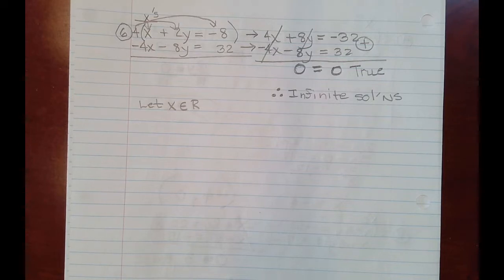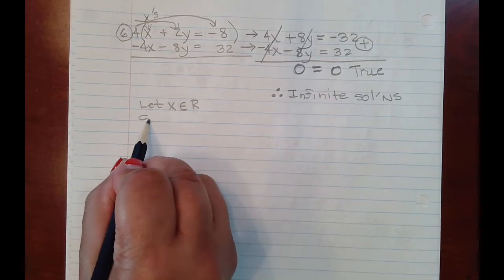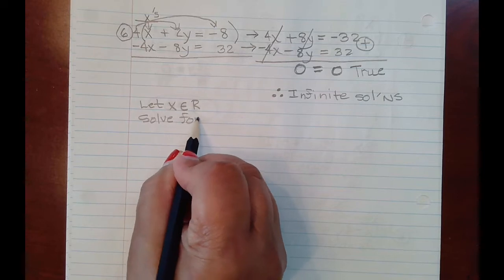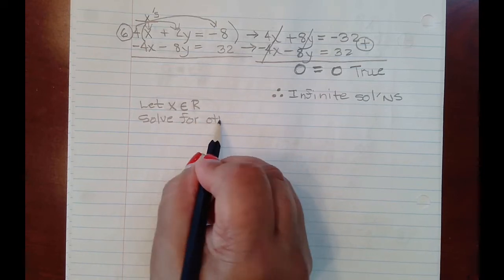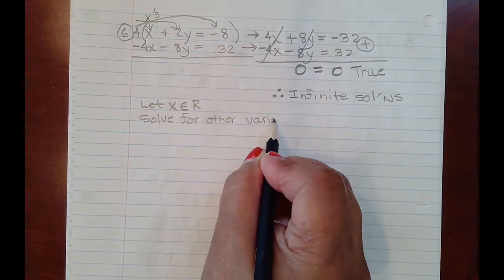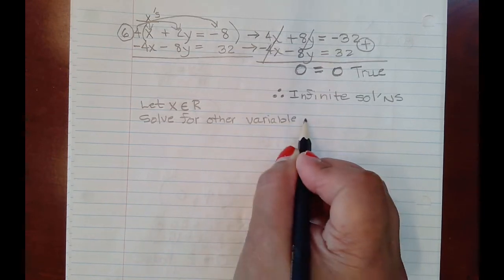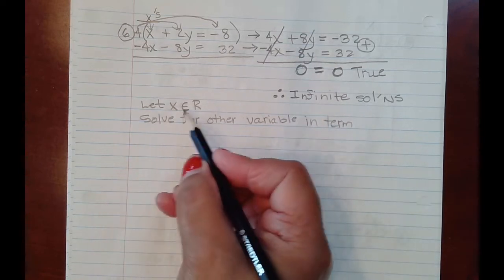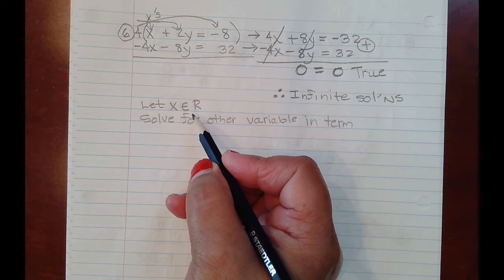What happens is you're saying let one of the variables be any number, and then you are solving for the other variable in either one of the equations in terms of the variable that you have stated can be any real number.